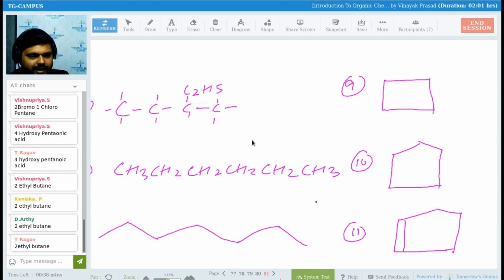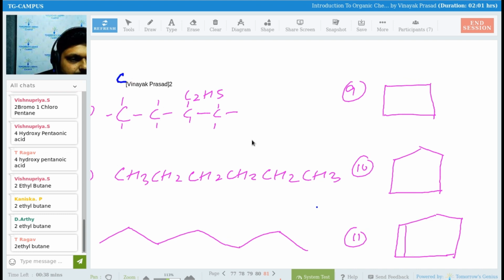So those who have given 2-ethyl butane, all are wrong. See here. We can open this chain. I have given this question, and I knew that you would give the same answer. We can open this chain: C, then 3 carbon, and again C, and on top we can write C, and it will be CH3.